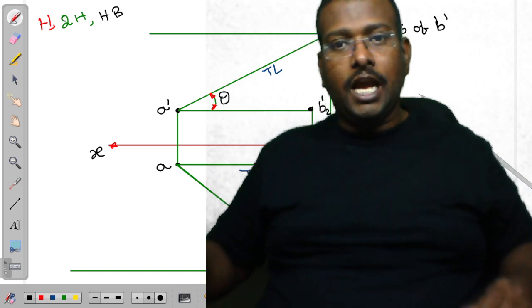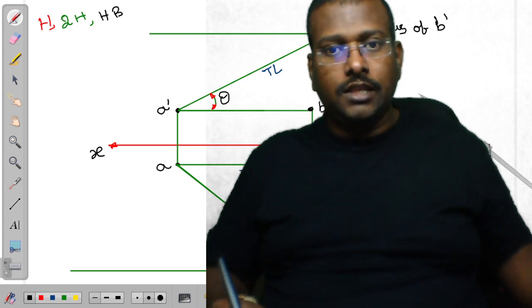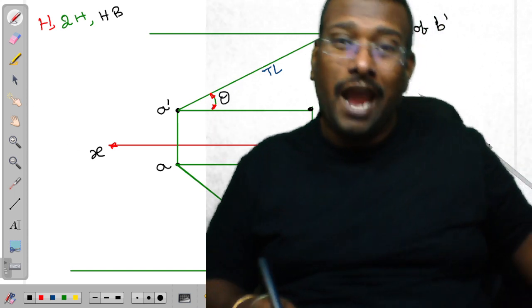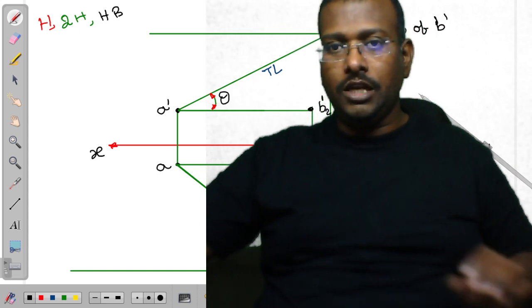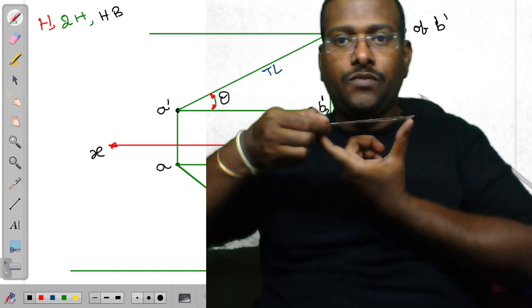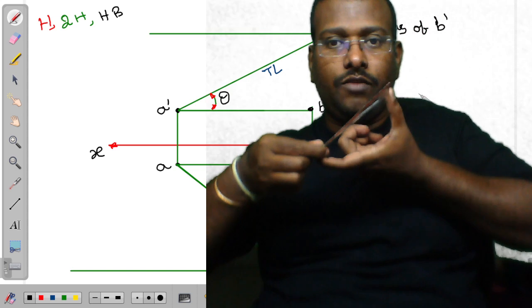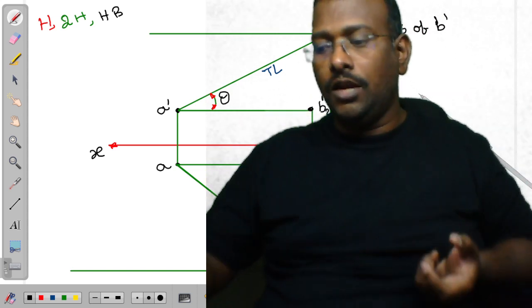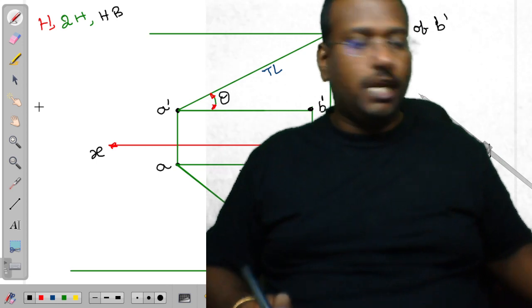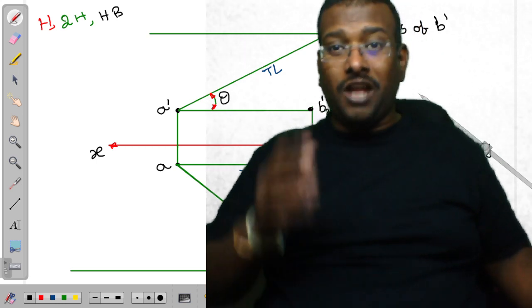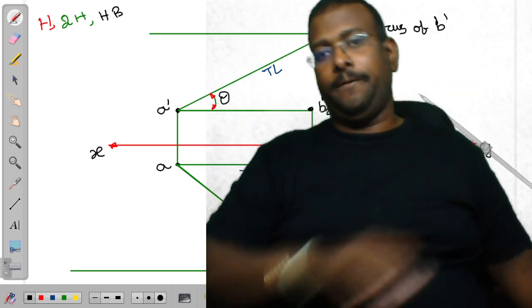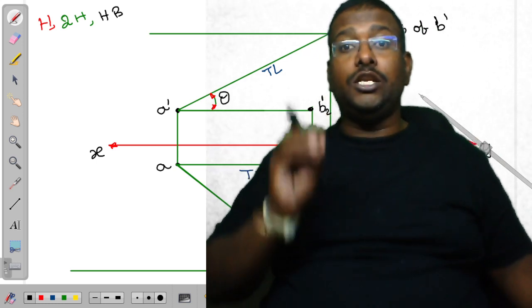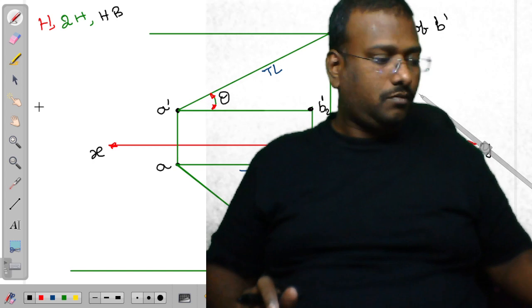Therefore, A dash B2 dash, however much it is, the same length will continue even if the line makes any angle with HP. Whenever it is parallel to HP, whatever front view length you get, even if it is inclined to HP, the same front view length will continue. Therefore, A dash B2 dash is the length of the line as it appears when viewed from the front.